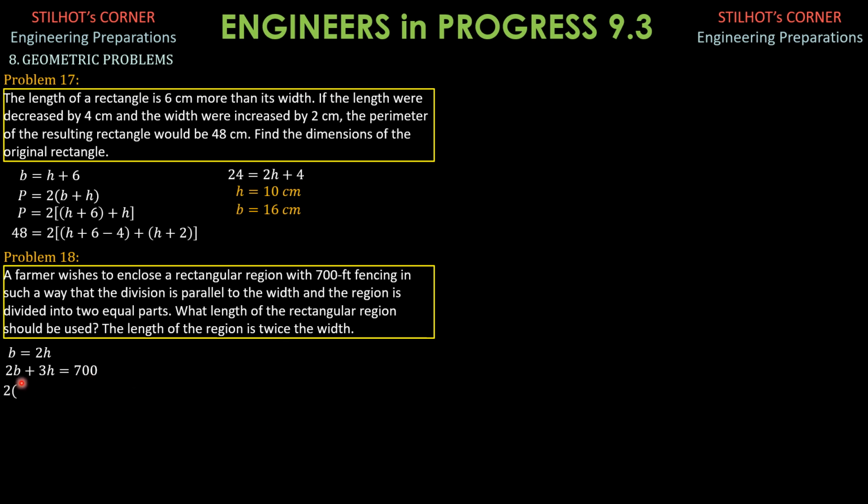Replacing B by 2H, so 2 times 2H plus 3H equals 700. 7H equals 700, so H is 100 feet. Therefore, the length is 2 times 100, so 200 feet.